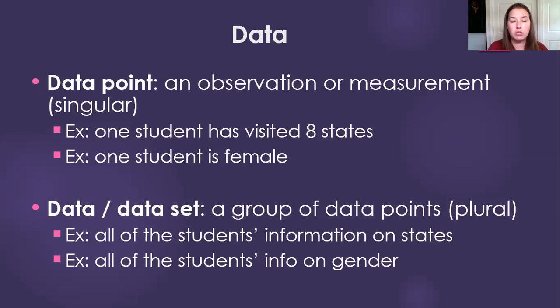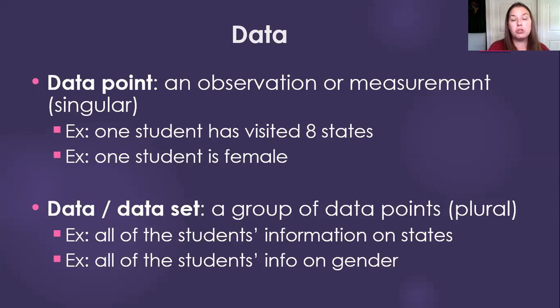So a data point is singular, a single piece of information, either from an observation or some type of measurement. Data are plural, also known as a data set. Anytime you have a grouping of multiple data points, that is called data or a data set.